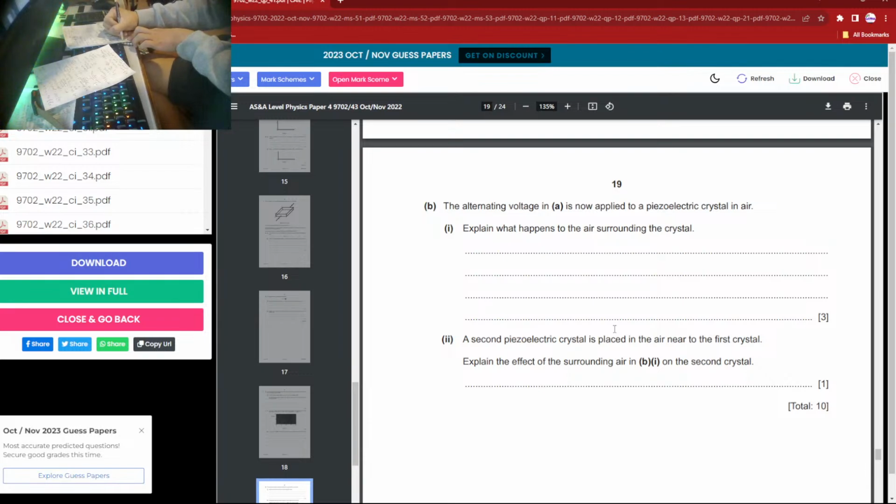Okay, number 2. Explain the effect of the surrounding air in B1 on the second crystal. So the air around the first piezoelectric crystal touches the second piezoelectric crystal and causes the second crystal to vibrate, producing induced EMF.